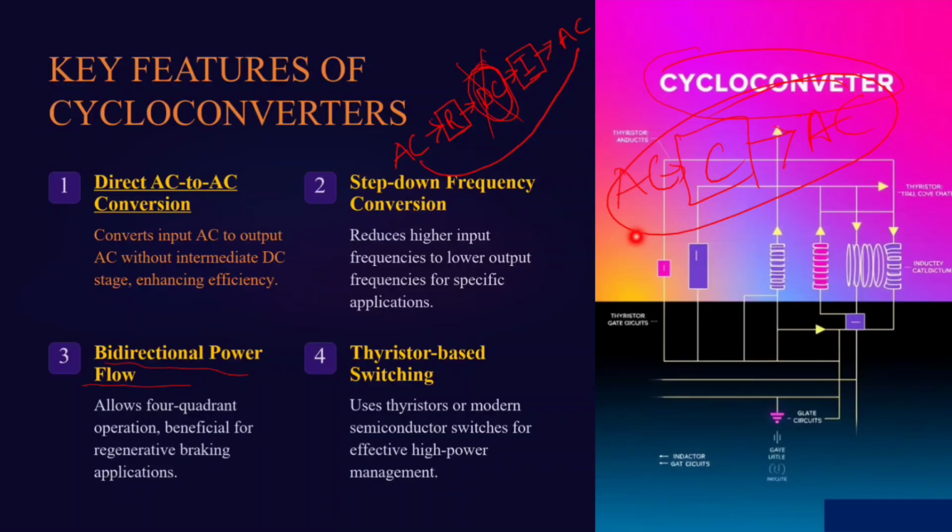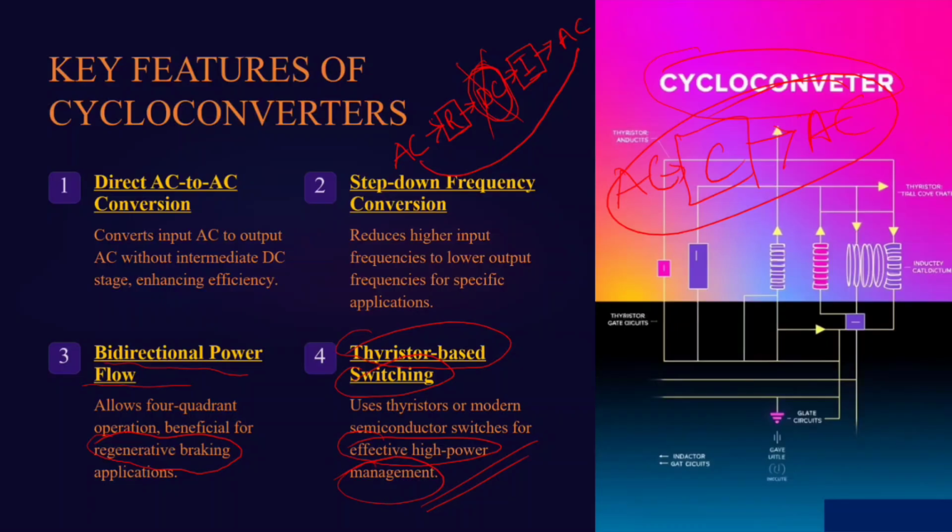If power is flowing from load to source, it can be used for regenerative braking applications. Then thyristor based switching. In cycloconverters we use semiconductor switches like thyristors. By these thyristor based switchings, the cycloconverter efficiently manages high power.